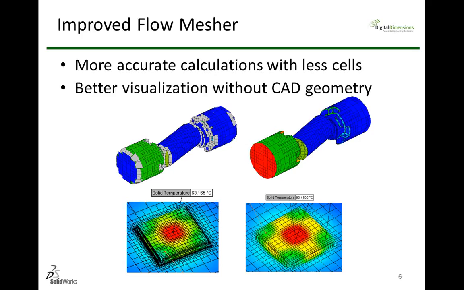In order to combat this, we had to increase the mesh density and the number of cells per X, Y, and Z in order to accommodate for this interpolation. This new technology for 2012 uses additional information from the actual 3D CAD data to construct a non-simplified geometry so that we can respect all edges without having to increase the mesher intensity or decrease the mesh size of our models.